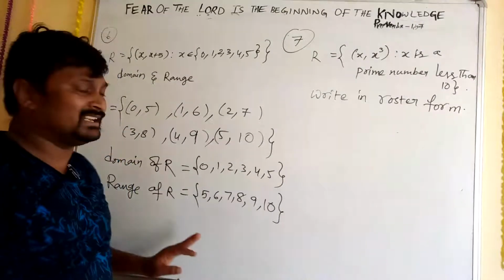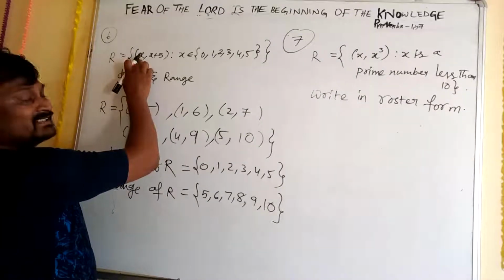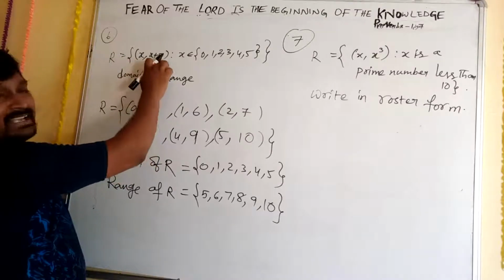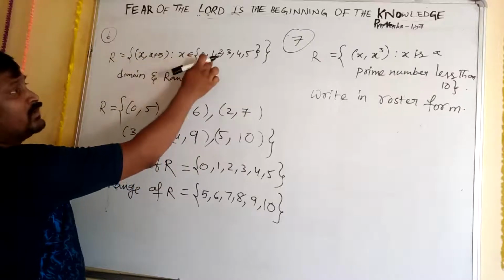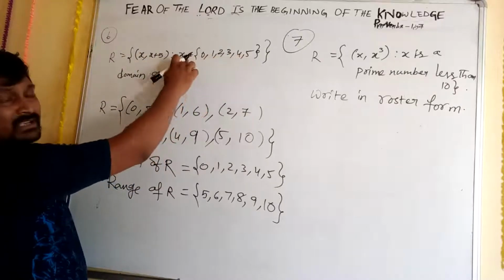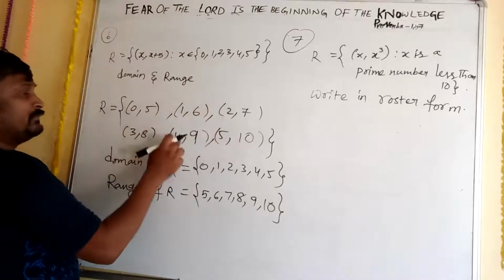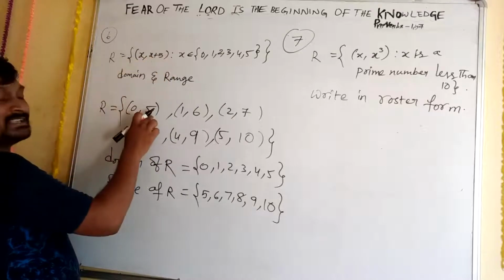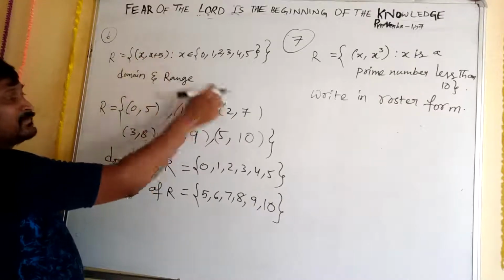So once again, listen to this carefully. Here it is given as x and then your y, that is, whichever the range is, given as x plus 5. So what I did here: x means 0, 1, 2, 3, 4, 5, that is the given x belongs to. So 0, 1, 2, 3, 4, 5 written. Next x plus 5. 0 plus 5, 5. Then 1 plus 5, 6. 2 plus 5, 7.